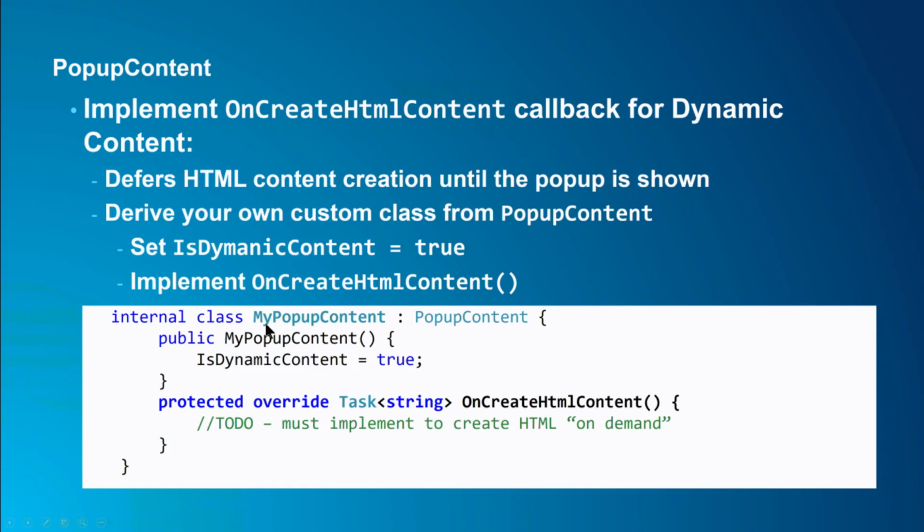So you see a sample down here. Here's my pop-up content custom class. It derives from pop-up content. I set IsDynamicContent to true, so this indicates that I want to create each HTML page for every record separately, and then I have to implement OnCreateHtmlContent.